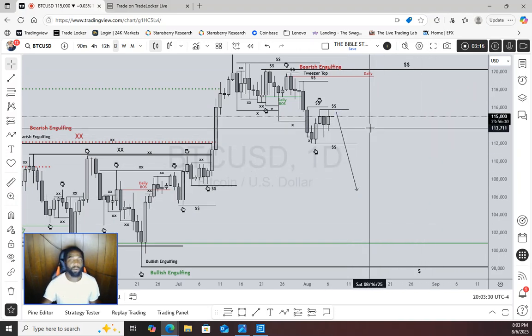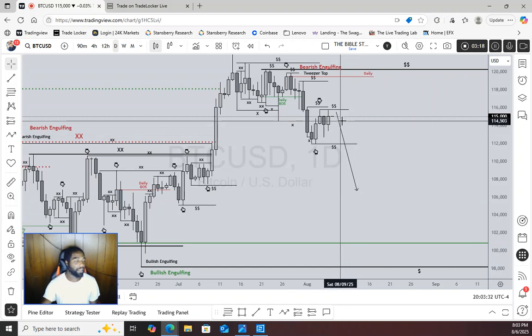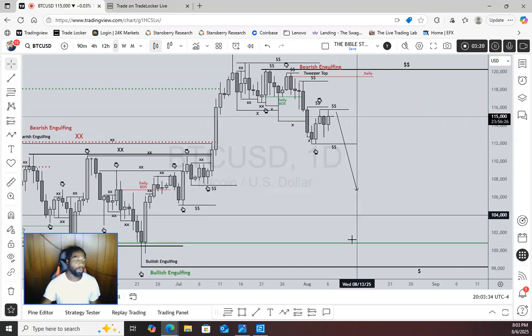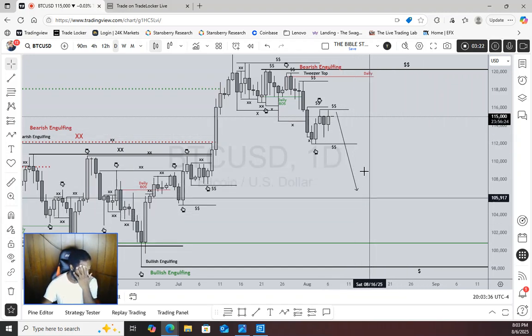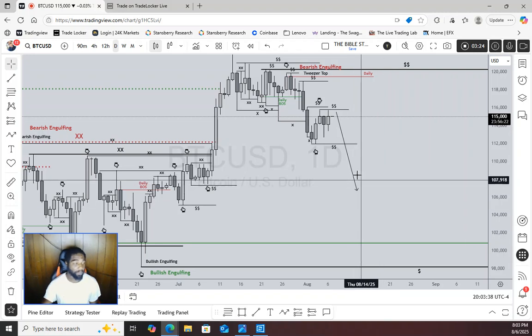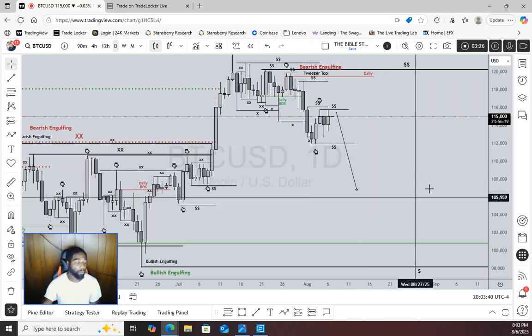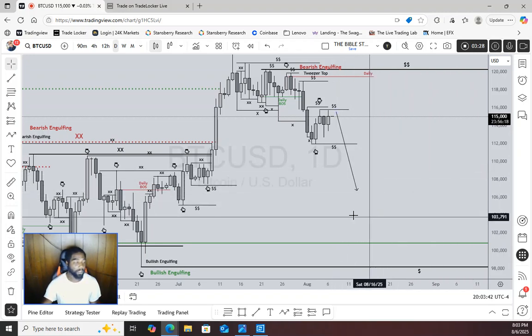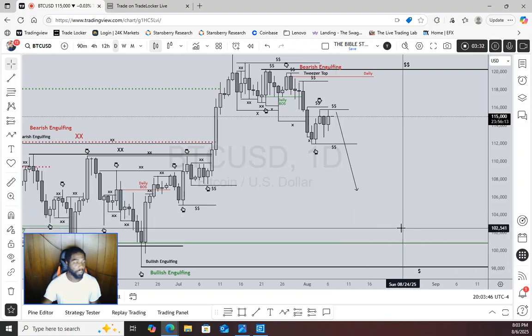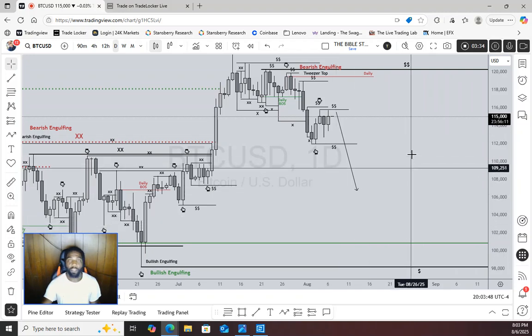But then again, understanding that this is the weekly retracement. When we get down here or wherever price encounters it at, we want to see price establish equal lows and then start targeting the equal highs.